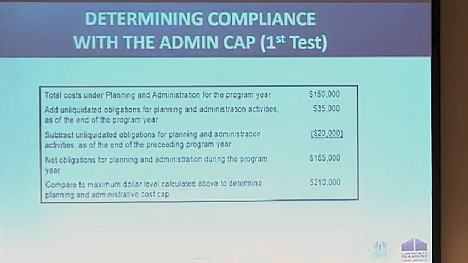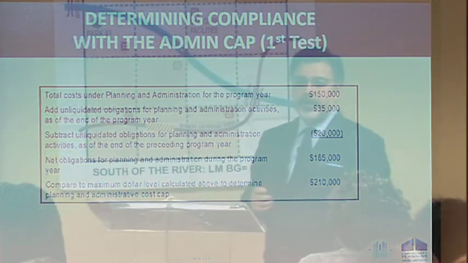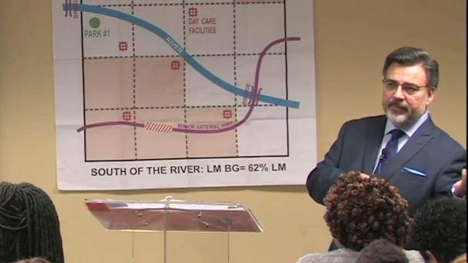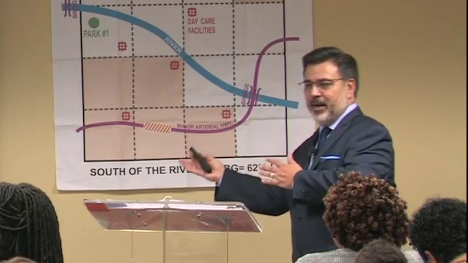As we continue the calculation, here we're talking about total cost under planning and admin for the year. So this is what we actually had budgeted. You remember yesterday when we went through the public service calculation, we talked about unliquidated obligations from the prior year and for next year, same concept.